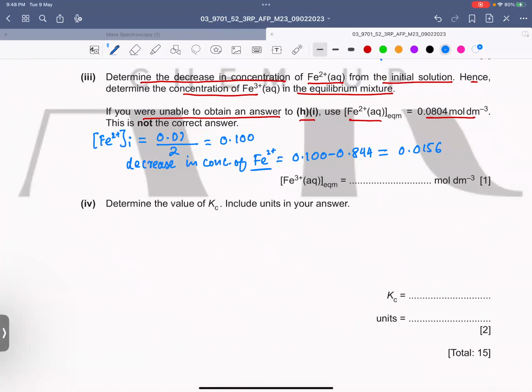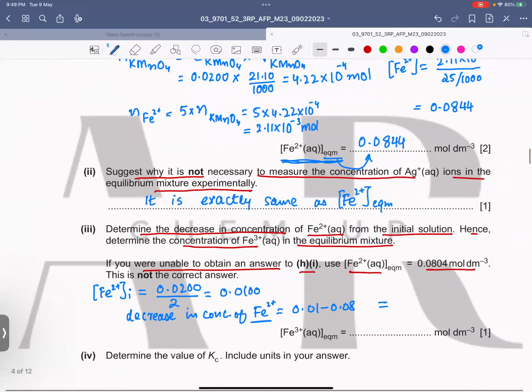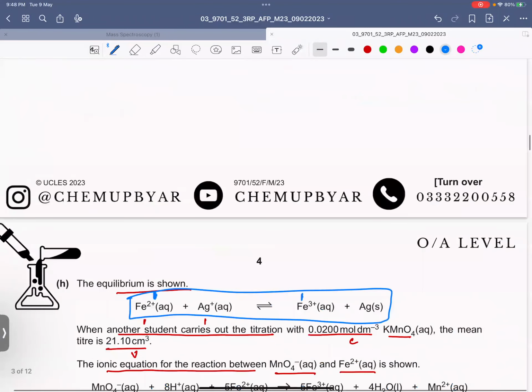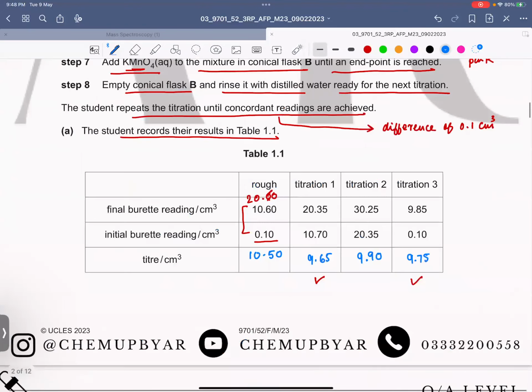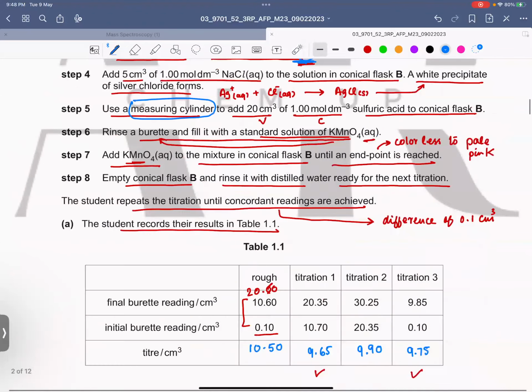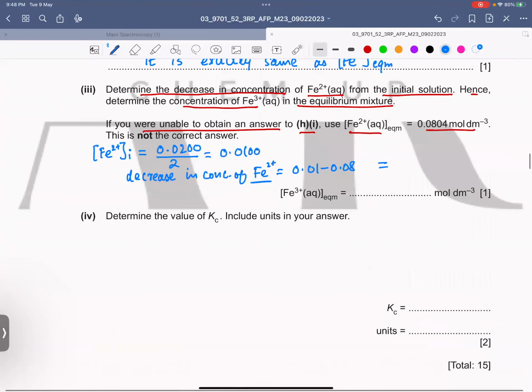So 0.0200, and here I would get 0.0100. So here I would get 0.0100 minus 0.0844. No, it's 0.2, check again.